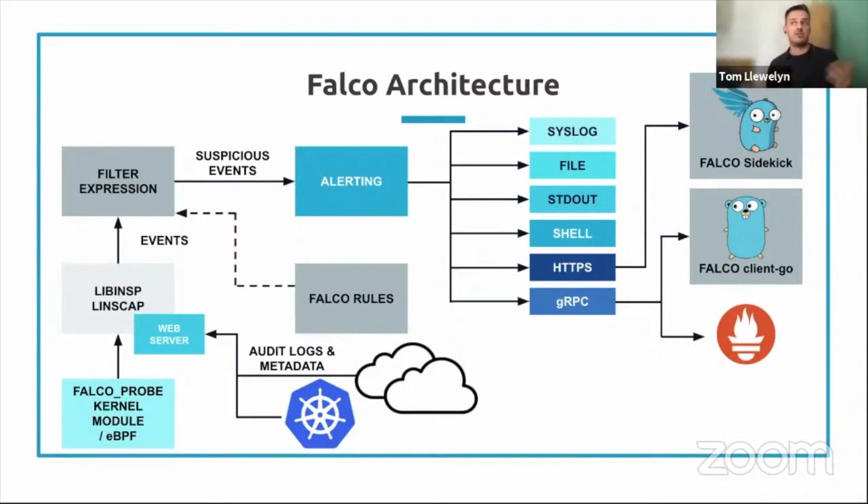So it could go to syslog files, shell, or gRPC. There's a very good open source project called Falco Sidekick, which we'll talk a bit more about, which you can ingest Falco into, and that has integrations with all sorts of third-party capabilities. You can also do things like create Prometheus metrics, pushing out metrics from it.